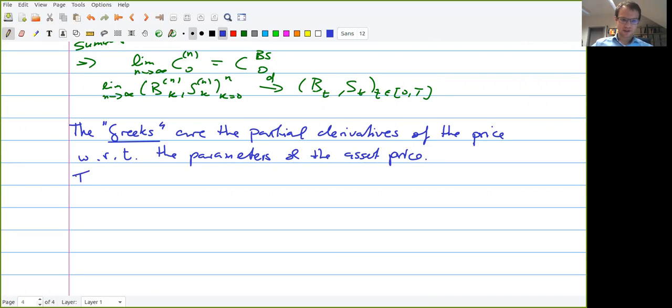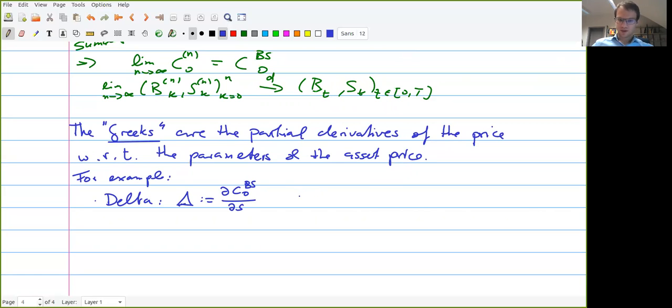Standard examples of Greeks. The most famous one is delta. They're called Greeks because they're labeled with Greek letters. This is just take your Black-Scholes price and take the derivative with respect to the underlying asset.